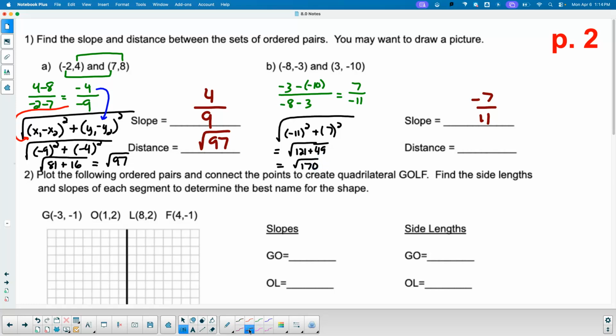Neither one of those are perfect squares, so I'll say square root of 170 there. Questions, comments, concerns, clarifications on those two? Speak now.